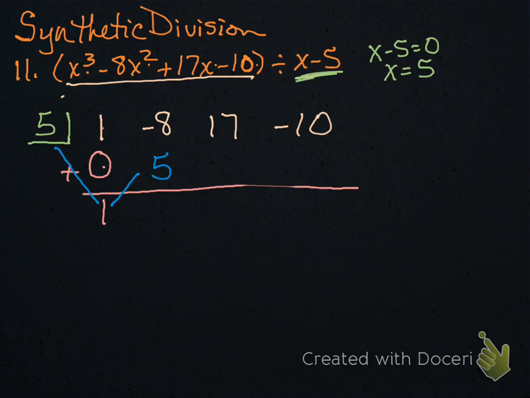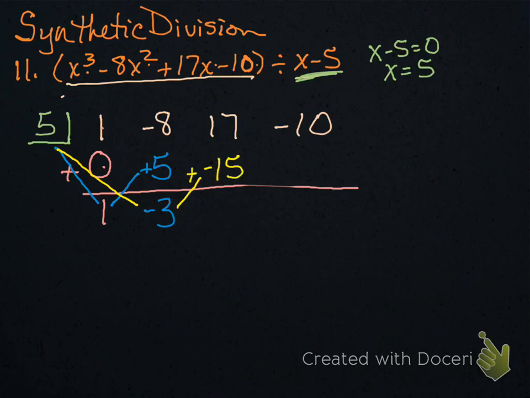Now I'm going to add negative 8 plus 5 gives me negative 3. Now, 5 times negative 3 is negative 15.